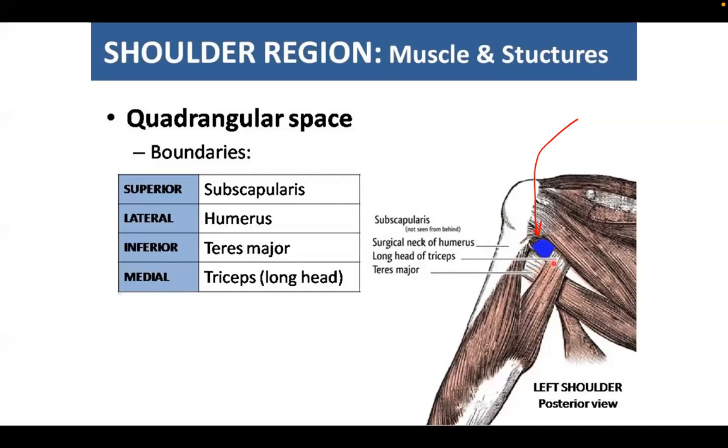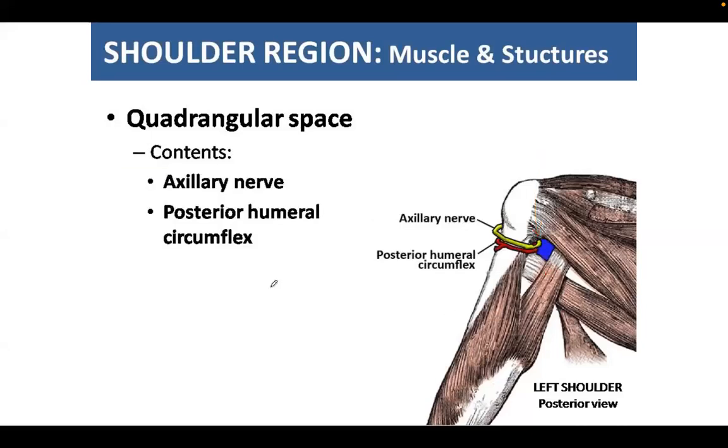And medially, we have the long head of the triceps. Question, what is found inside? What important structures are found inside the quadrangular space? It's the axillary nerve and the posterior humeral circumflex artery.